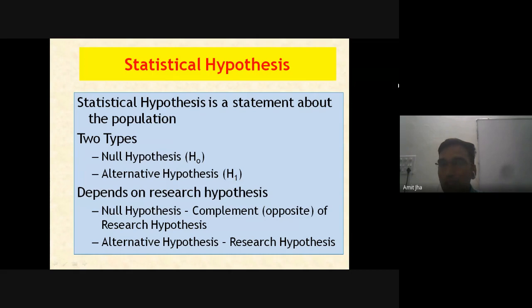This statistical hypothesis is a statement about a population. There are two types of hypothesis: the null hypothesis and the alternate hypothesis. It depends on the research hypothesis. The null hypothesis is the complement, and the alternate hypothesis is the research hypothesis.